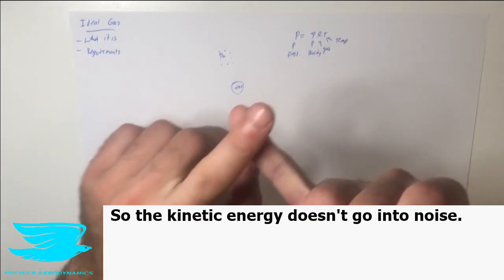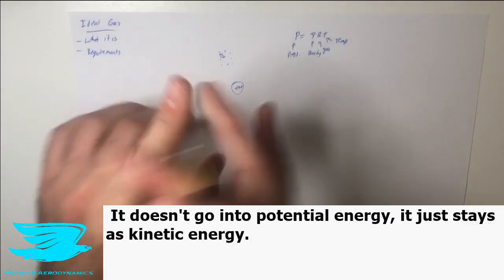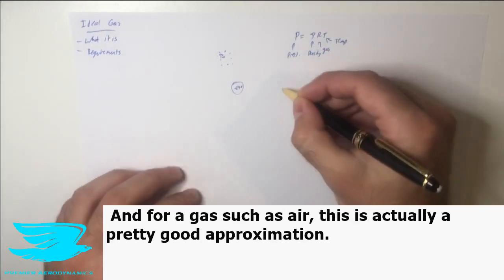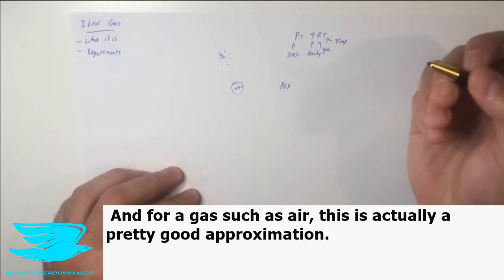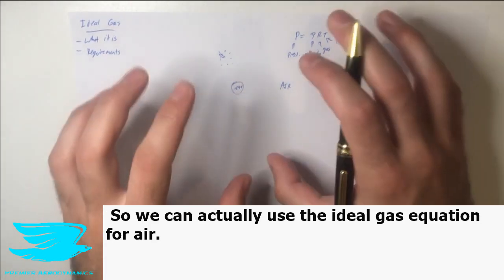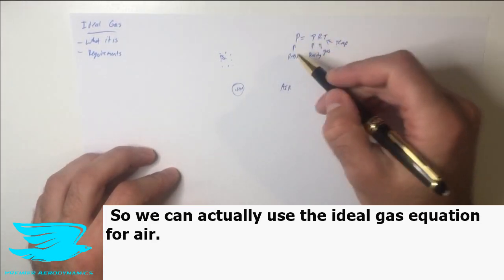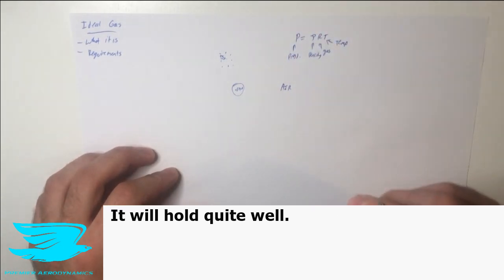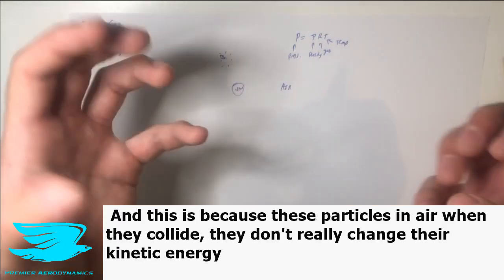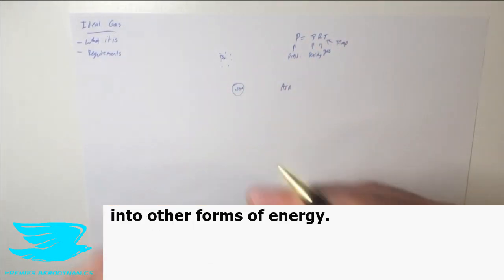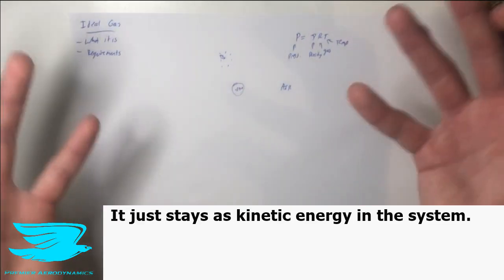So the kinetic energy doesn't go into noise, it doesn't go into potential energy, it just stays as kinetic energy. And for a gas such as air, this is actually a pretty good approximation. So we can use the ideal gas equation for air and still get a good relationship. It will hold quite well. This is because these particles in air, when they collide, don't really change their kinetic energy into other forms of energy. It just stays as kinetic energy in the system.